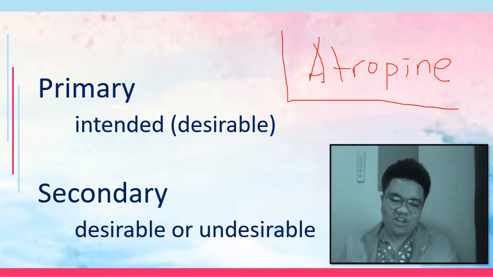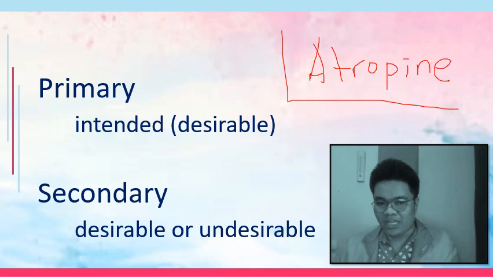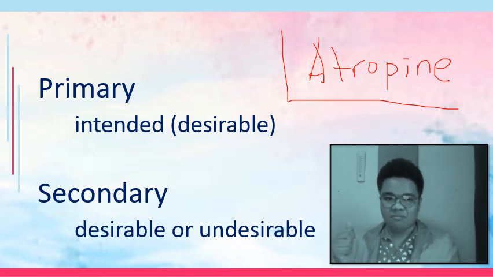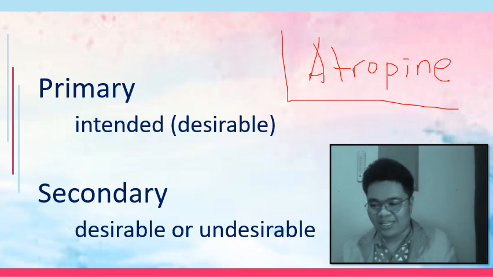So one effect of your atropine is to decrease the saliva, to decrease the secretions of your patient. So in that case, the primary or intended or desirable effect of atropine if my patient is undergoing endoscopy is mouth dryness or the decrease of secretions in the oral cavity. That will be the primary effect.